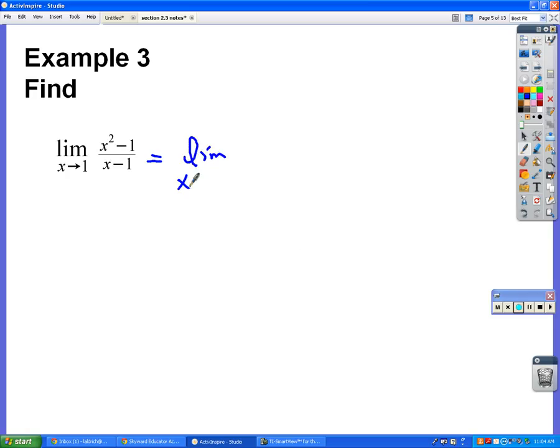And so we can factor out the top because it is Rena's favorite, the difference of 2 squares. Cancel these. Now, what's the answer? 2. Right? Now I can substitute it in directly because I've removed that discontinuity, and so my answer is 2. Okay?